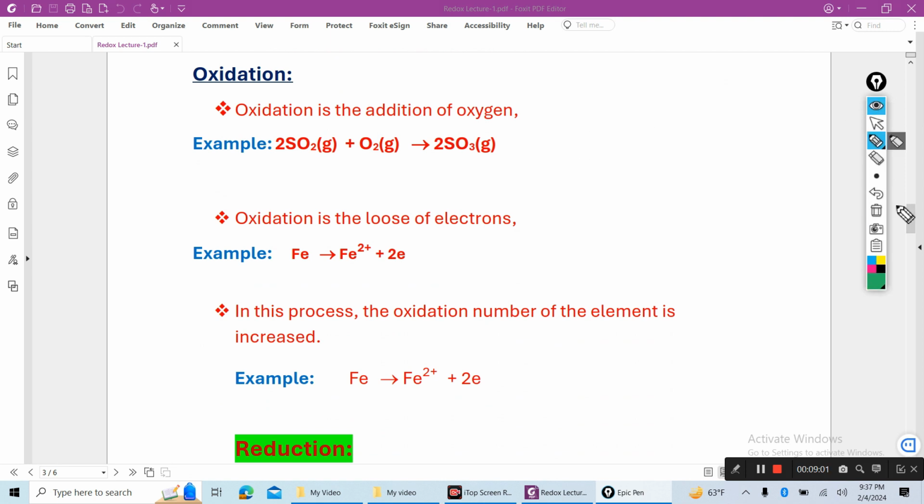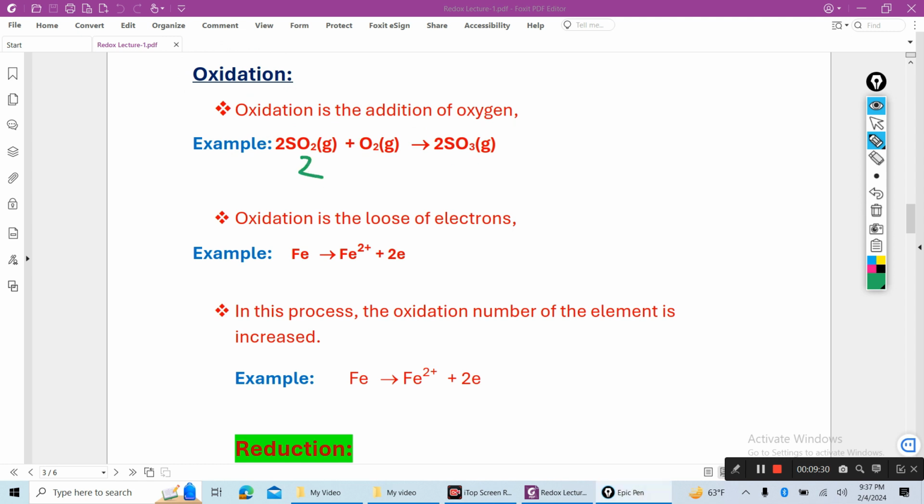Now we will know what is oxidation. Oxidation is the addition of oxygen. If oxygen is added to a substance, that process is known as oxidation. Here sulfur dioxide reacts with oxygen to form sulfur trioxide.